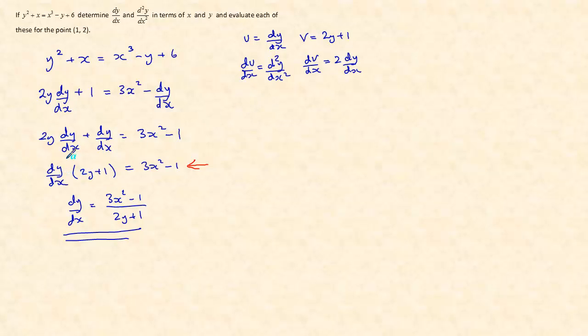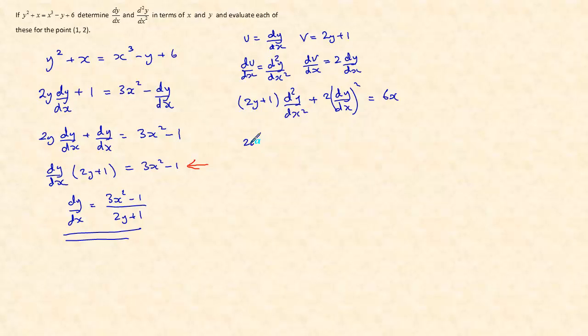So, this side here is going to become (2y plus 1) d²y/dx² plus 2 (dy/dx) all squared, and the right hand side will just become 6x.